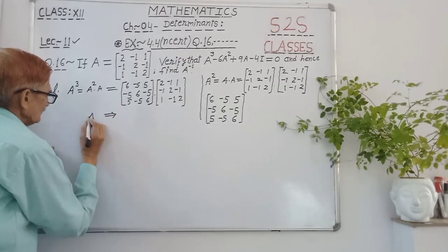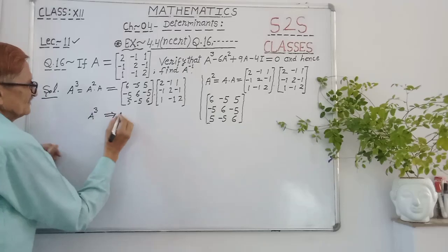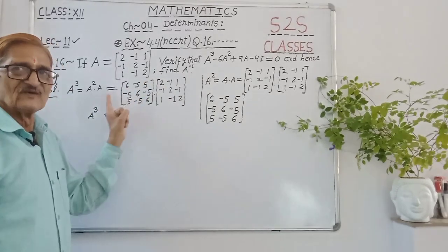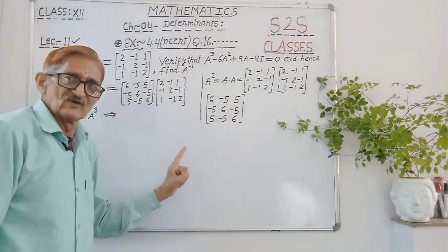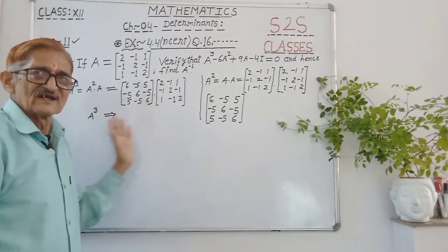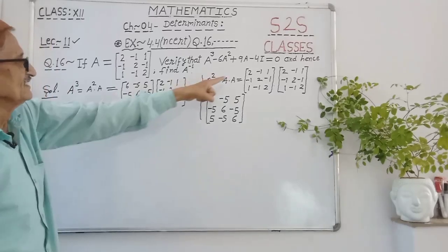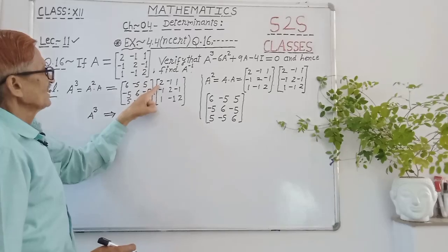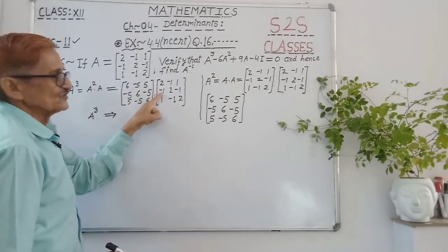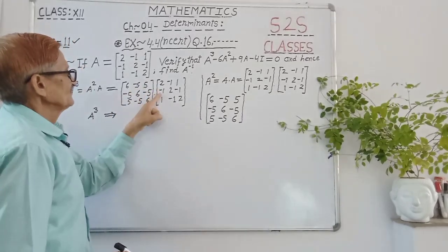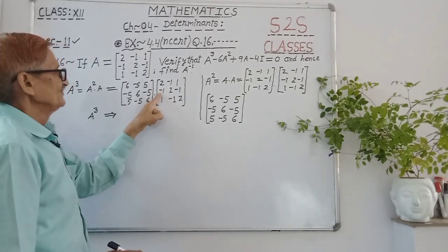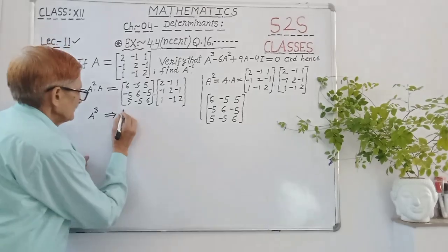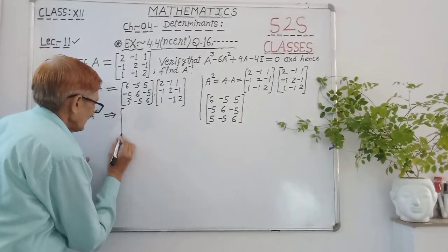Then this will be equal to the A cube value. Multiply these two matrices again: first row with first column, first row with second column, first row with third column, and similarly second row starts and similarly third row. We have done this similarly. So 6 into 2 is 12, I am doing directly. 6 into 2 is 12 and minus 5 into minus 1 is plus 5, 12 plus 5 is 17, and 5 into 1 is 5, 17 plus 5 is 22. Okay beta, clear?